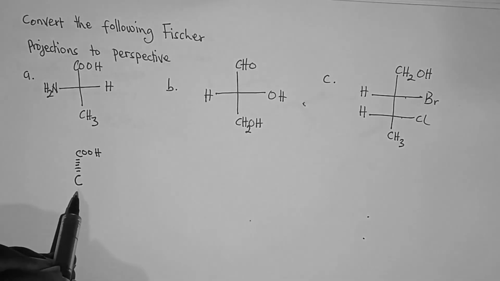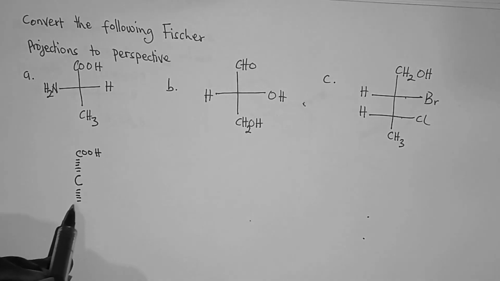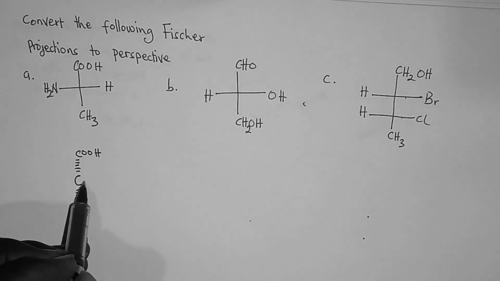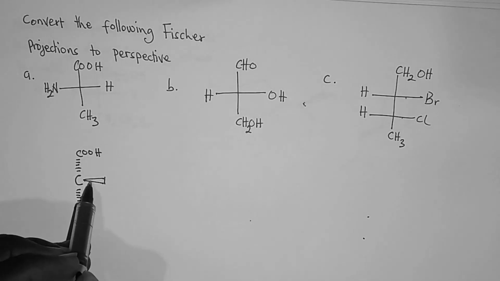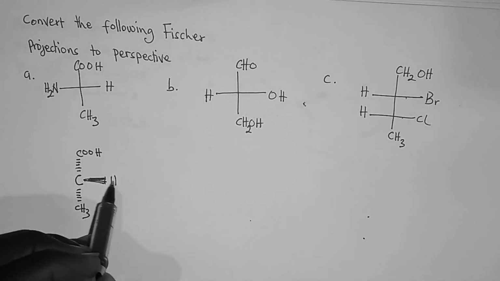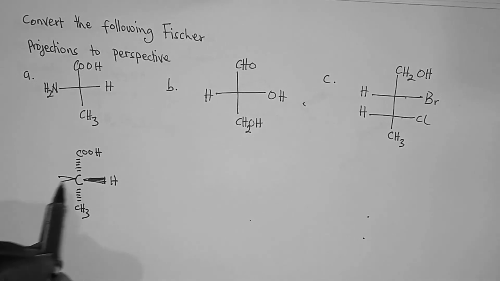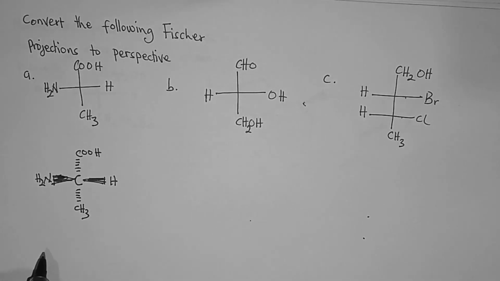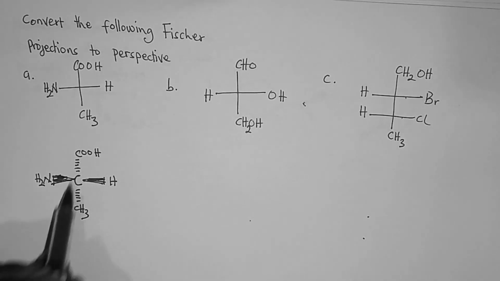COOH is pointing away. And then CH3 is also pointing away from us. And then the groups that are pointing towards us: this proton is pointing towards us, and also the amine group here, NH2, is also pointing towards us. Now, let's try and draw this molecule in its perspective.